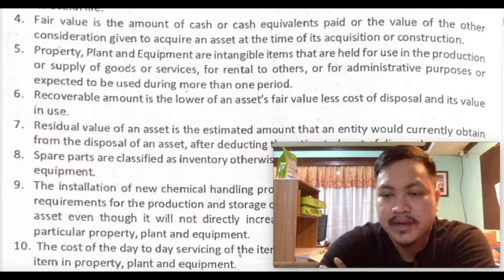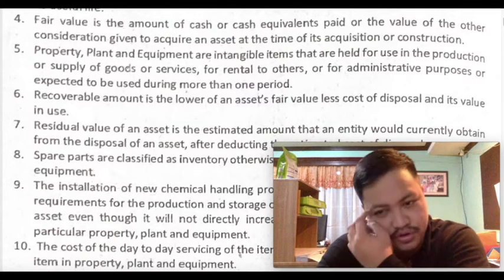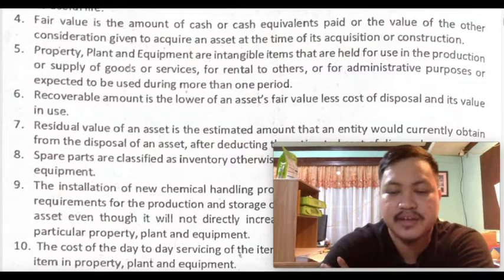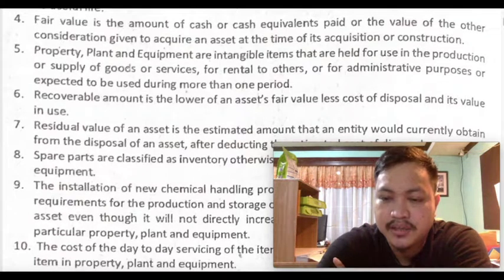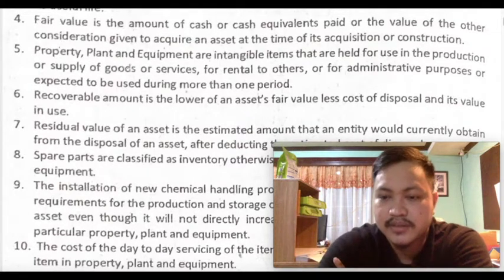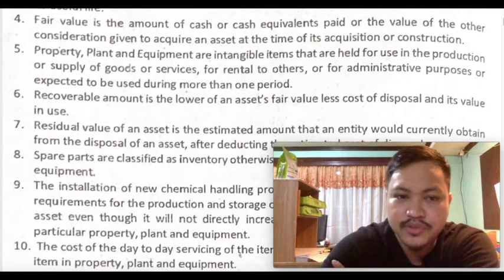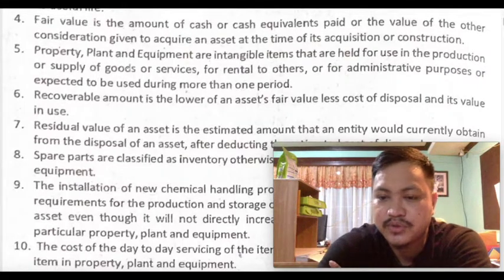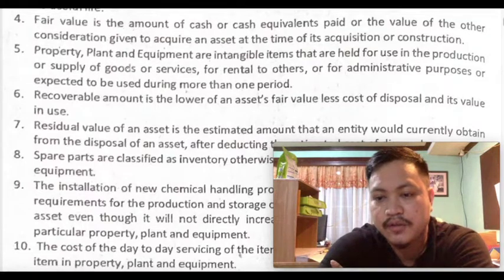So to recap, the definition of a property, plant, and equipment is composed of three important parts. The first is that a property, plant, and equipment must be a tangible asset. Second is that its intended use must be for use in the production or supply of goods or services, for rental to others, or for some administrative purpose.